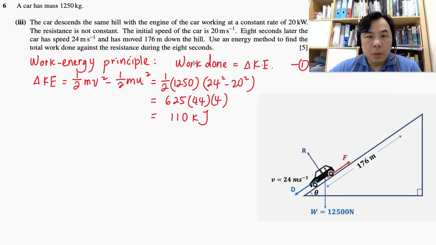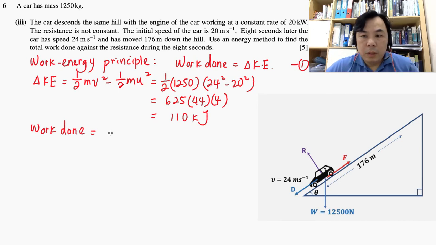Next we're going to work out the work done. The best way to analyze work done is to look at which force actually helps the car to gain speed. You can see that the driving force is the one that provides energy for the car to gain that kinetic energy.